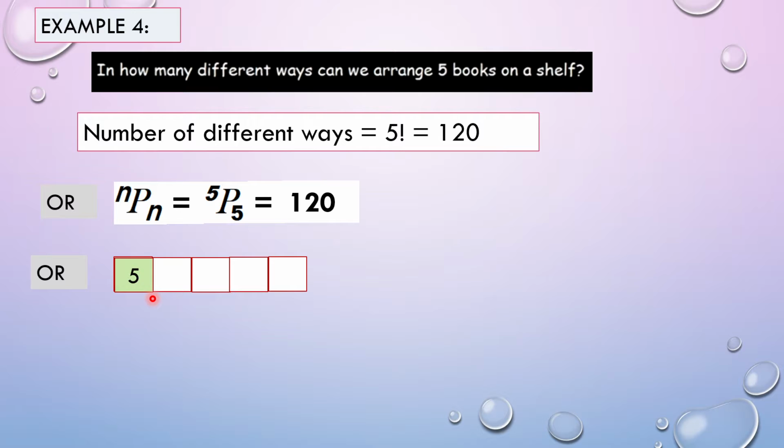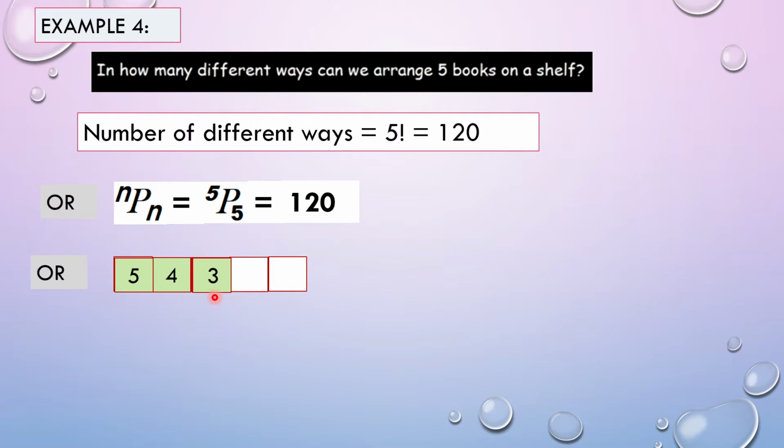Now let's say we have already chosen one out of 5. So for the second slot, we have only 4 books remaining. So it is 4. Now taken out one more, then you have only 3 books to choose from.